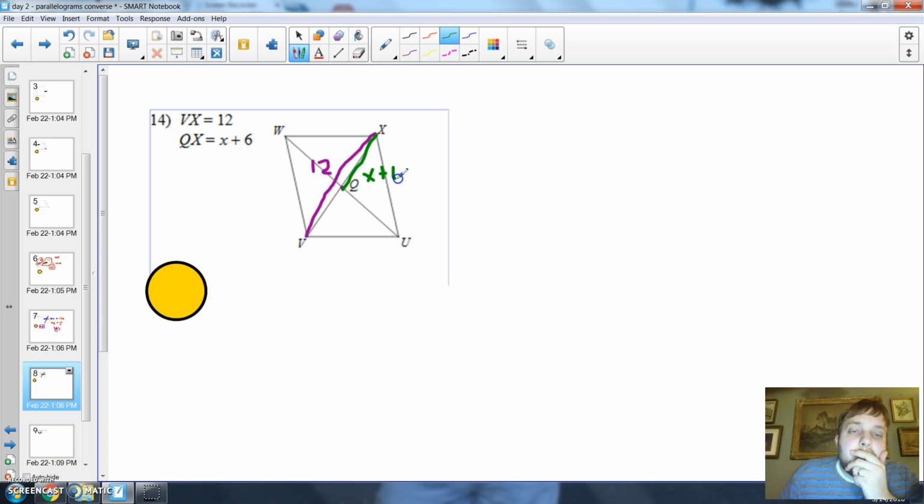Alright, there's 2 ways to skin this cat. First off, I can say, if the whole distance is 12, then this must also be 6, right? So I could say 6 is equal to x plus 6. Would you agree that half of 12 is 6, and so 6 should equal x plus 6?